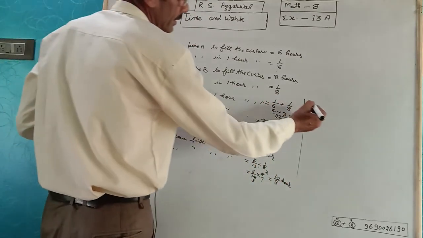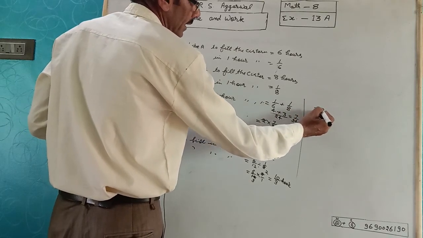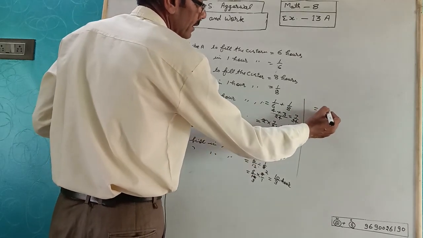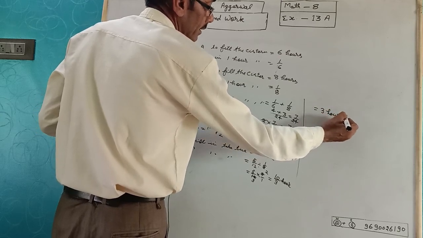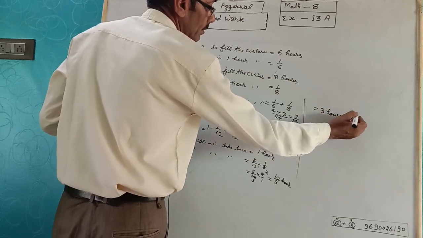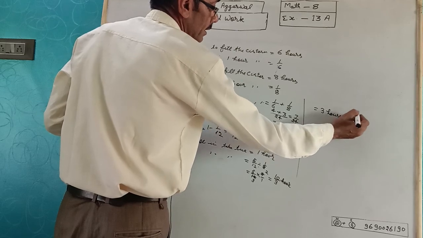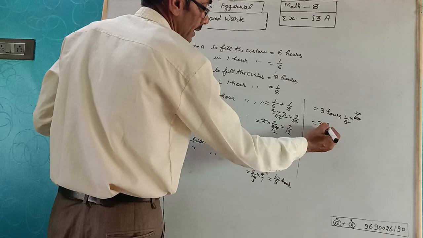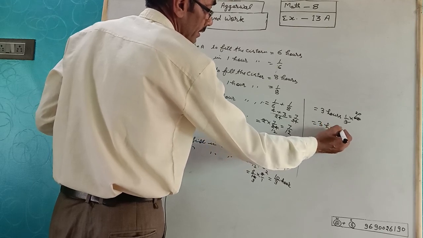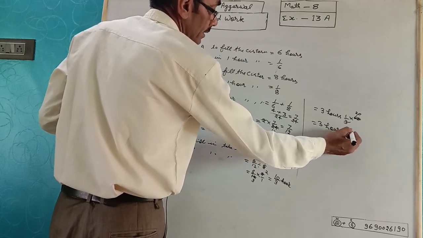That is 3 hours and 1 upon 3 times 60, which is 20 minutes. Time taken is 3 hours and 20 minutes.